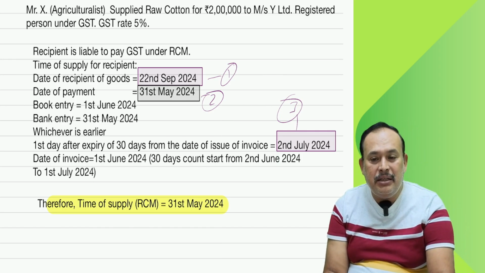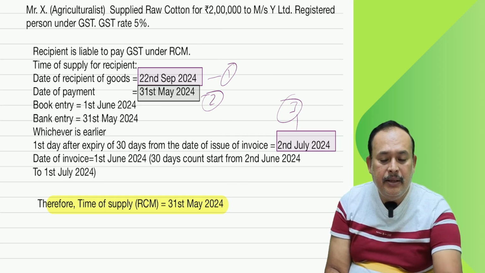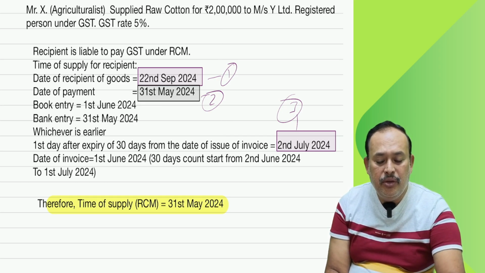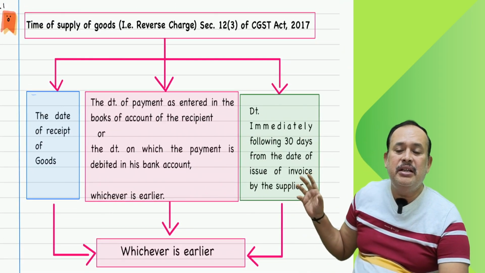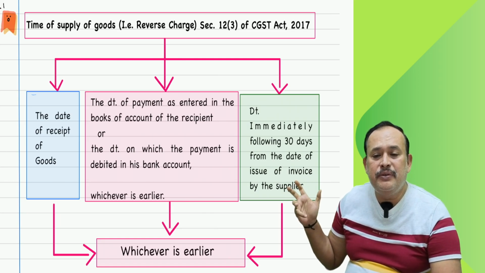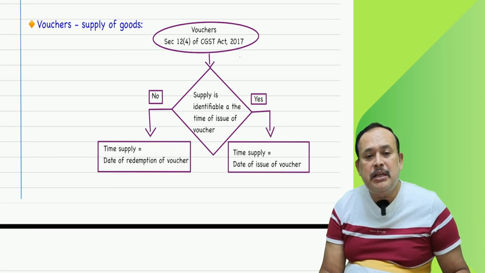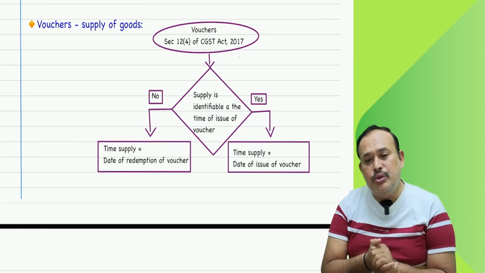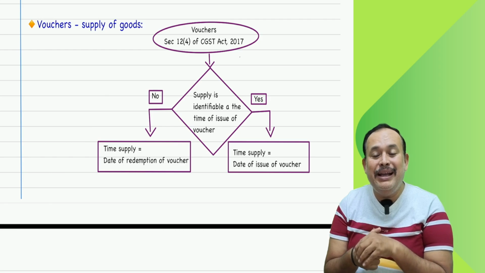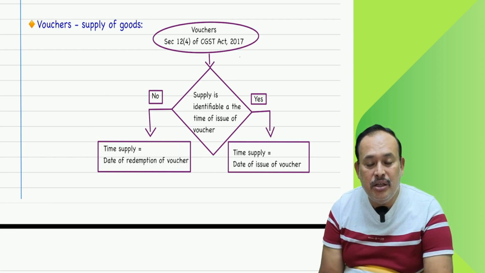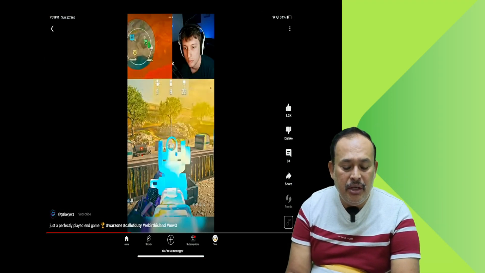Now please come back, referring here to the further points for our consideration. Once you understand time of supply, supply of goods, reverse charge, now I am moving on to supply of goods where a voucher has been issued to redeem against goods. How to understand this? Very simple, my dear friends.